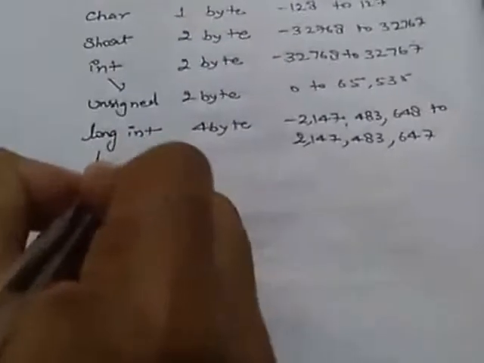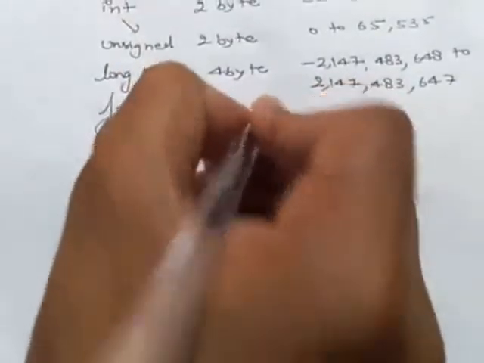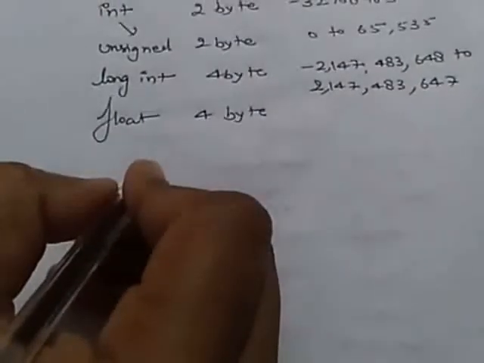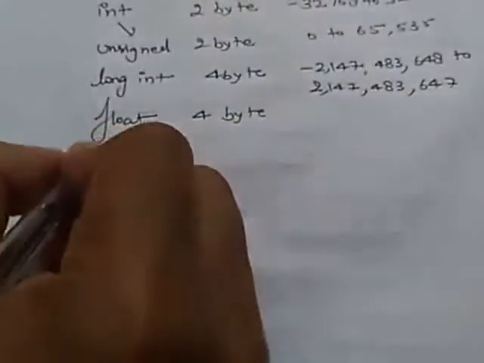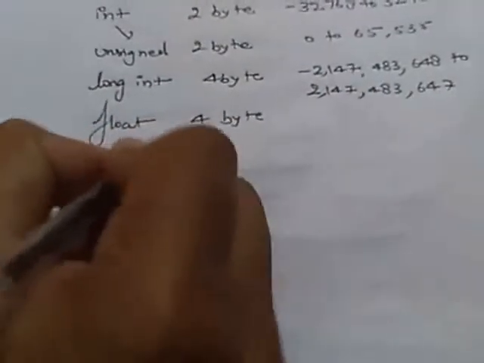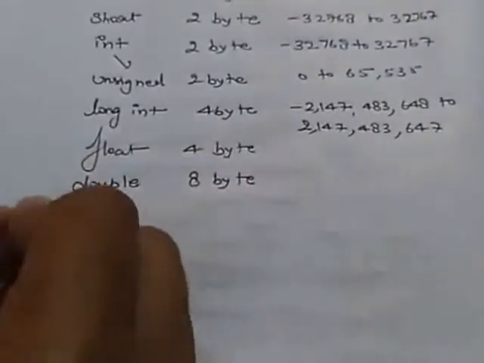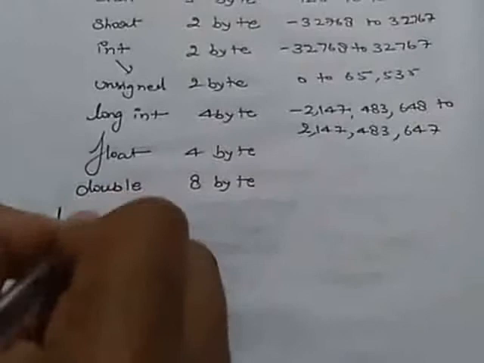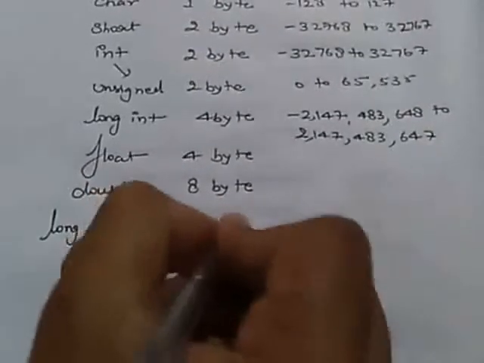Now again we have float. Float will take 4 bytes of memory and double takes 8 bytes of memory. Long double takes 10 bytes of memory.